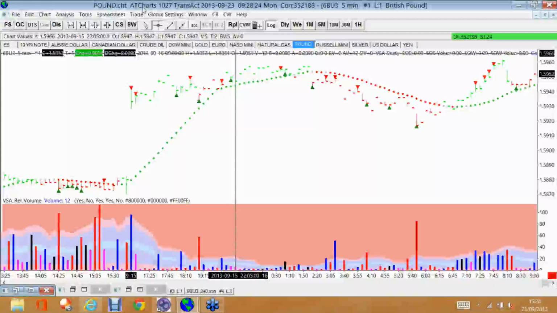The only thing I'm a bit concerned about is you've got some support underneath us here. But we'll see if we get a no demand bar here on gold. The reason I want to use the 1-minute chart is that the principles come quite quickly and they're quite good to explain.